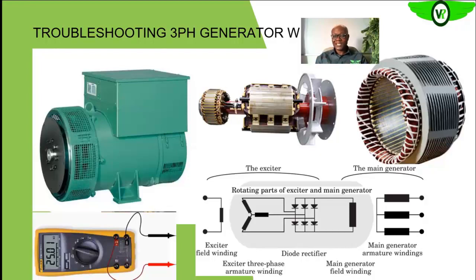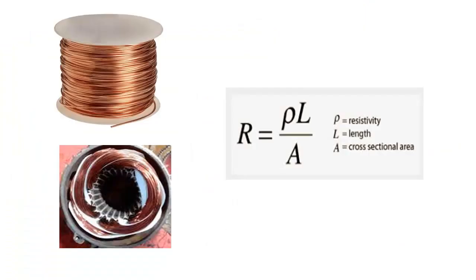Because the larger the generator, the larger the size of the cable that will be used, and the larger the size of the insulating copper wire that will be used to rewind the coil. So those larger insulating copper wires have lower resistance.